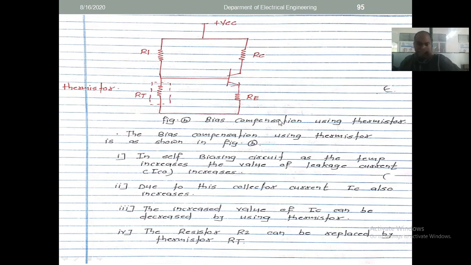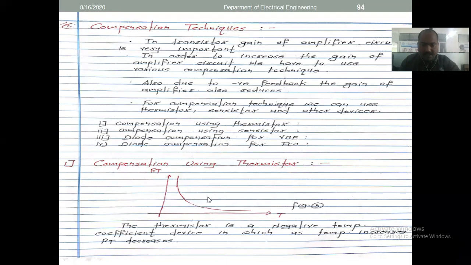So collector current increases. We know that with respect to the thermistor, as the temperature of the device increases, the current flowing through the device also increases.